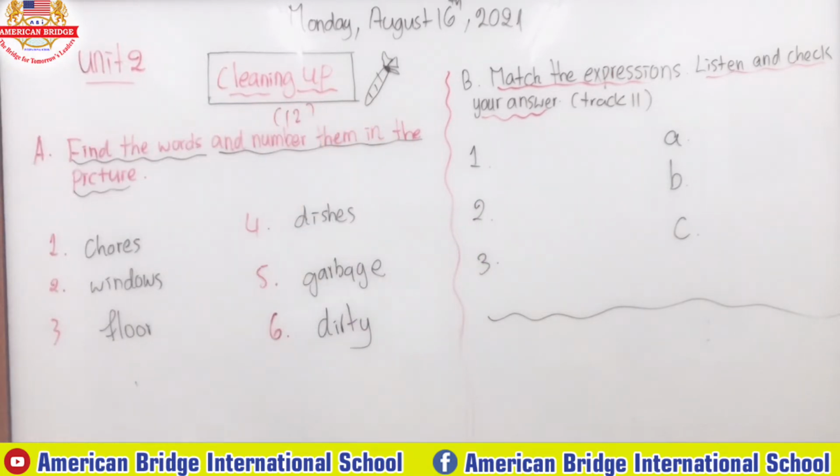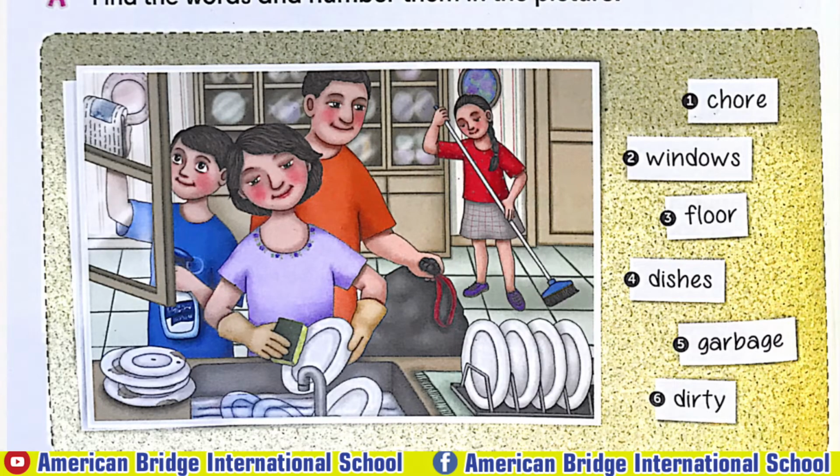First we start with the word chores. What does it mean, everyone? Chores means the daily household tasks that you do, like washing, ironing, or cleaning. Those kinds of activities we call chores because they have to be done regularly at home.